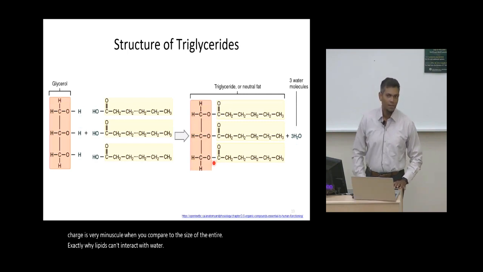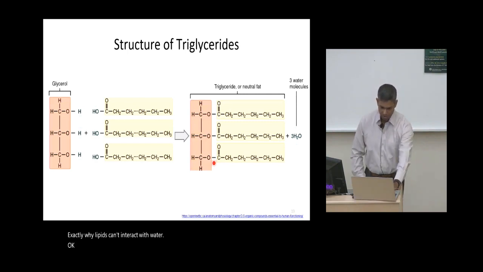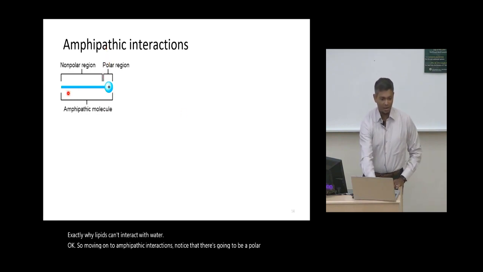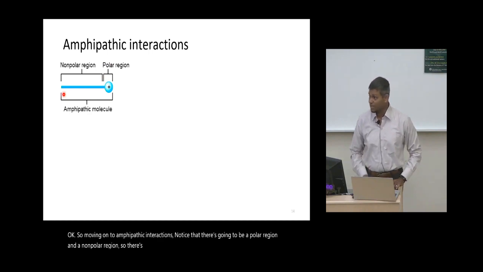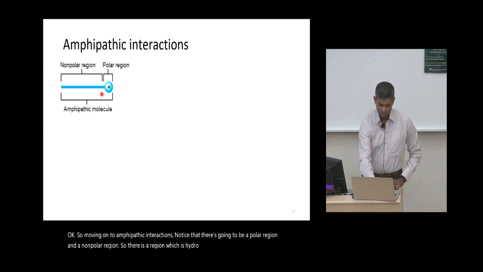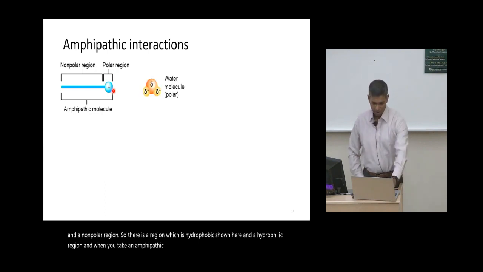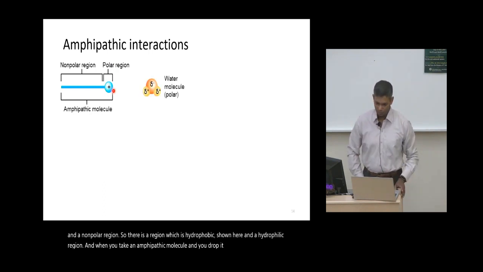Okay. So moving on to amphipathic interactions. Notice that there's going to be a polar region and a non-polar region. So there's a region which is hydrophobic shown here and the hydrophilic region. When you take an amphipathic molecule and drop it in a beaker of water, two things happen.